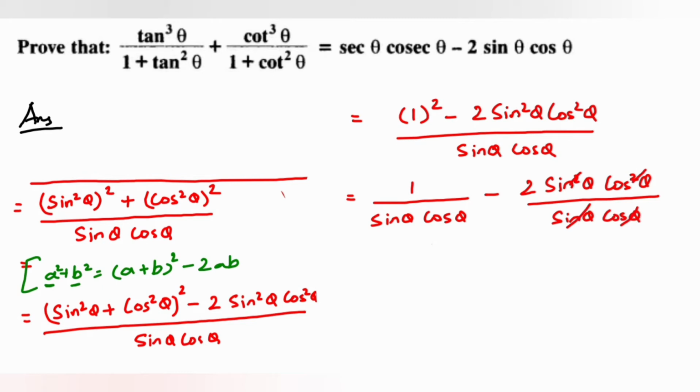In the first part we have 1 upon sin theta and 1 upon cos theta, so we can rewrite it as secant theta and cosecant theta, because secant and cosecant are reciprocals of sin and cos. Minus, in the numerator we are left with 2 sin theta cos theta, and this is nothing but your RHS. So we have shown that LHS is equal to RHS. We're done with the first one.